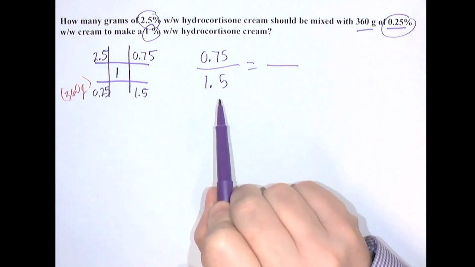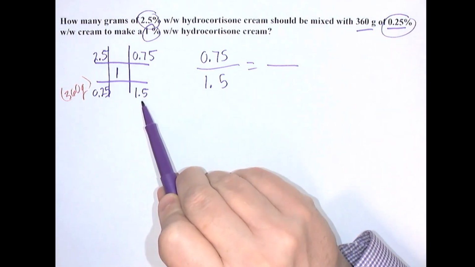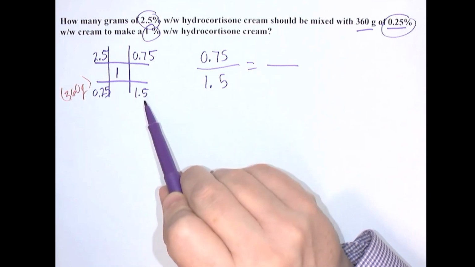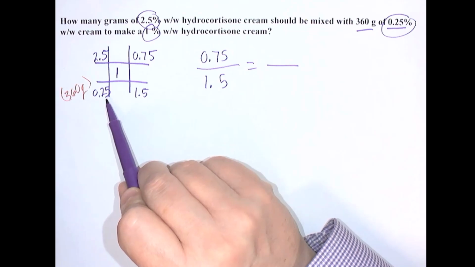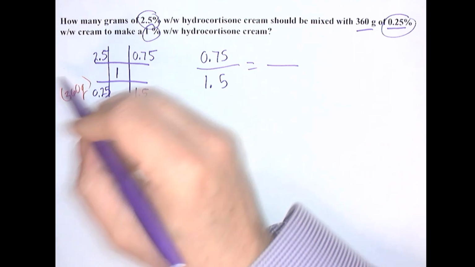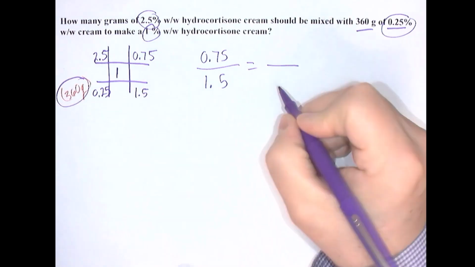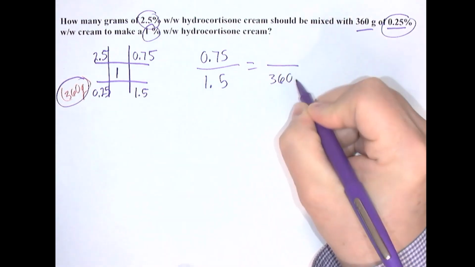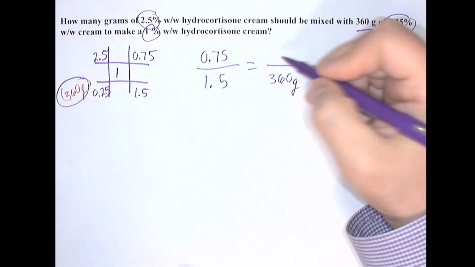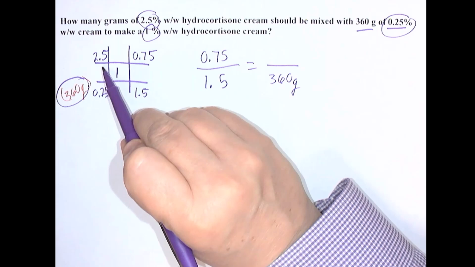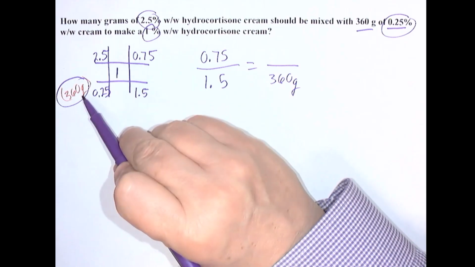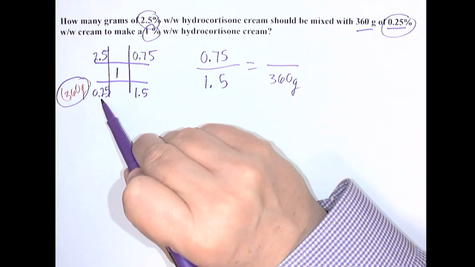Here it says that this 1.5 parts corresponds to the 0.25% concentration, which has a fixed amount of 360 grams. So I'm going to put 360 grams down here. But the question is, how much of the 2.5% cream are we going to need to mix with this 360 grams of the 0.25%?